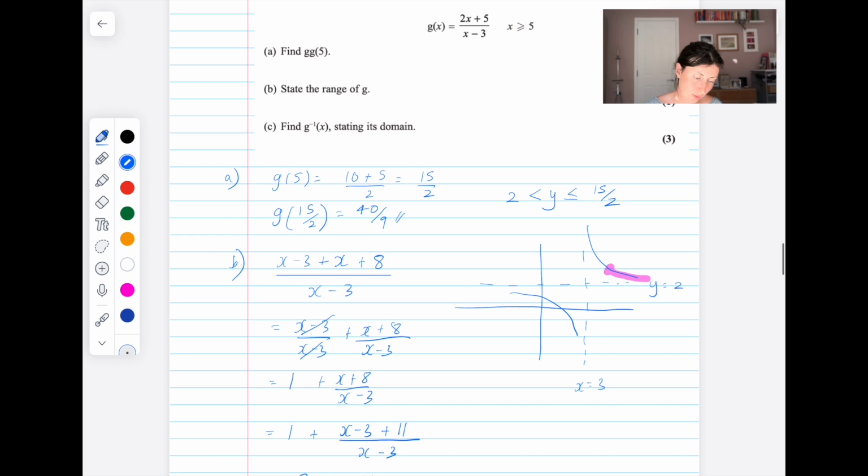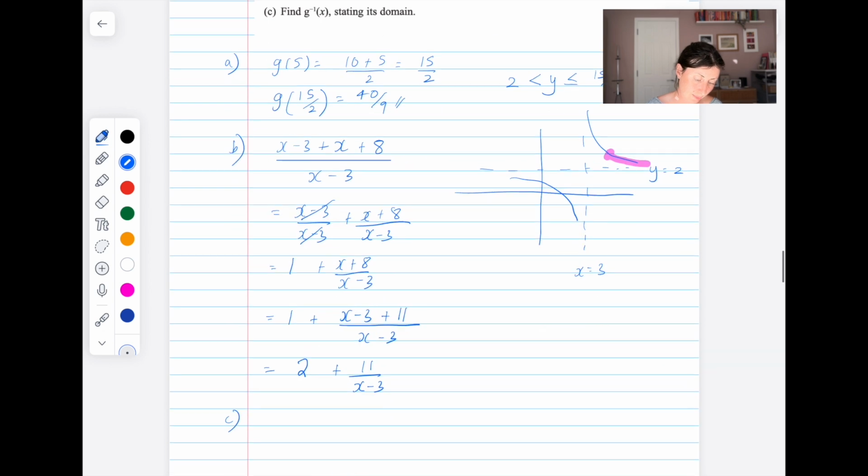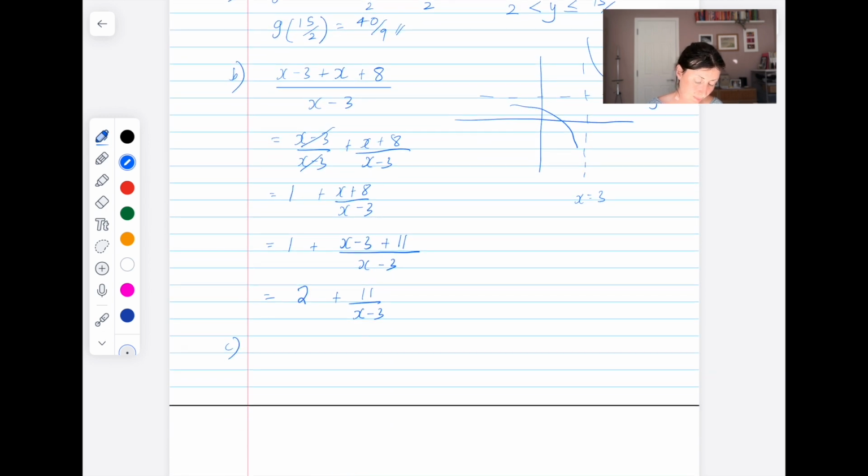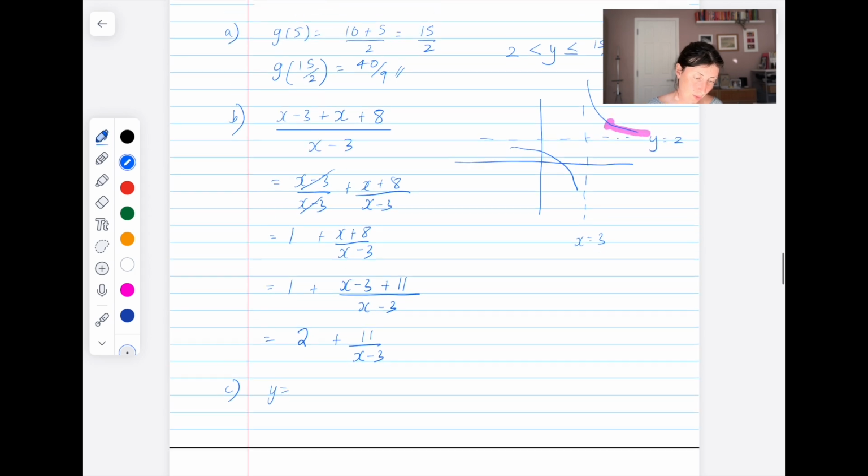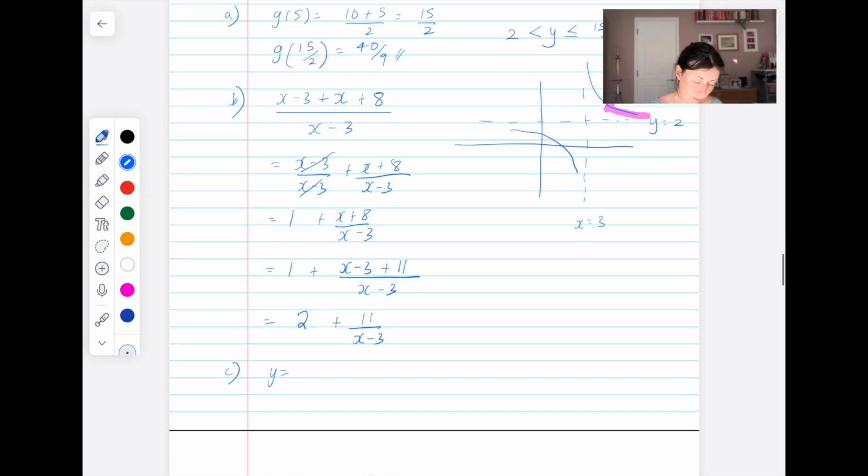Find g inverse stating its domain. 2x plus 5 over x minus 3. Let's make x the subject. I'm going to move my workings out over here.